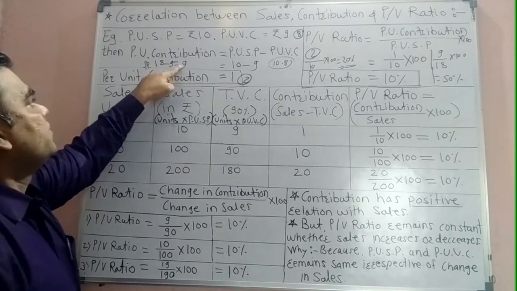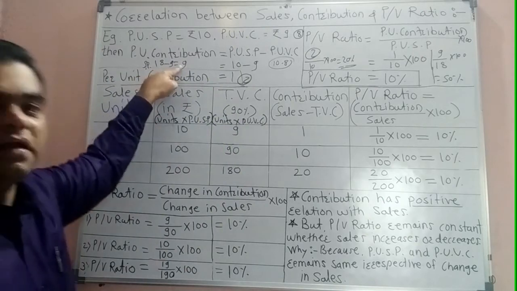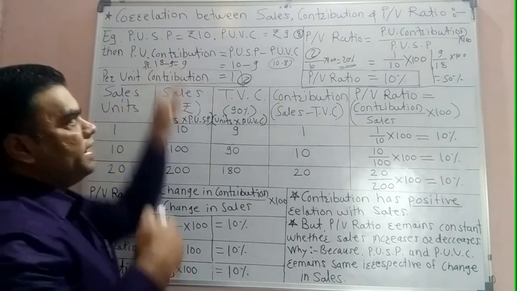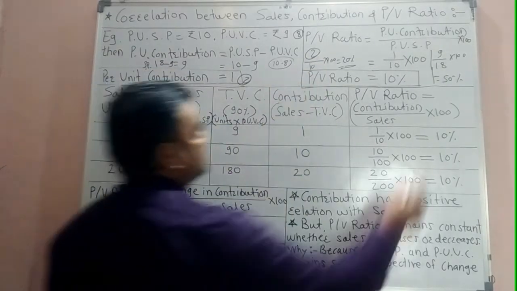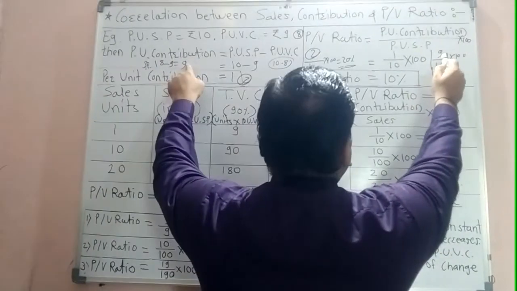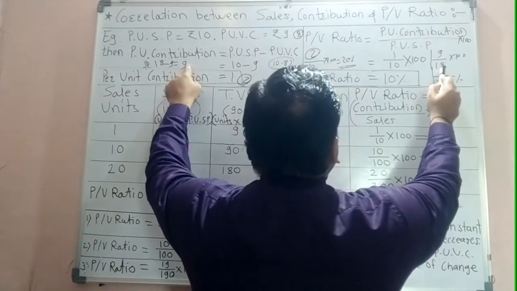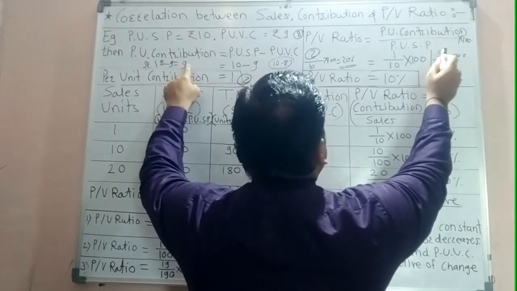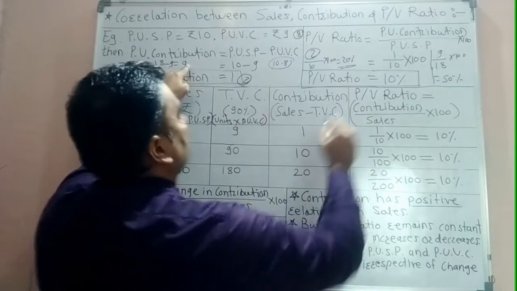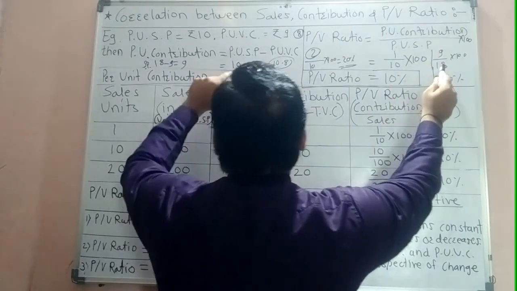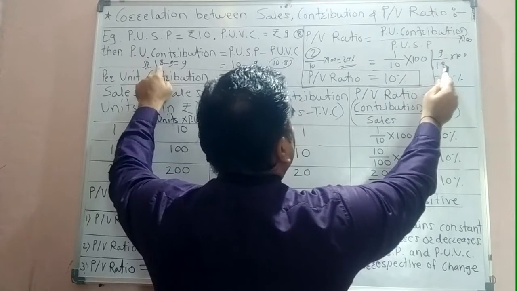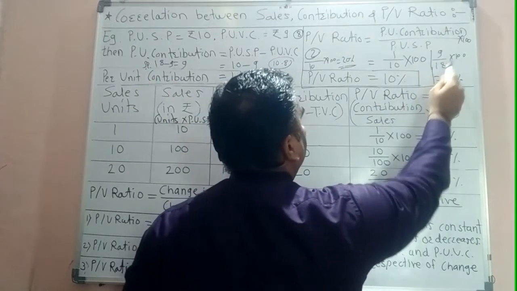That means your revised contribution will be 9. So what will be your revised PV ratio? Per unit contribution upon per unit sales: revised contribution 9 upon 18, the new selling price. 9 upon 18 into 100.